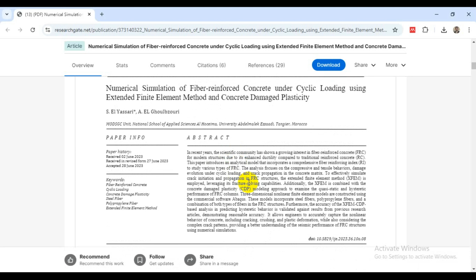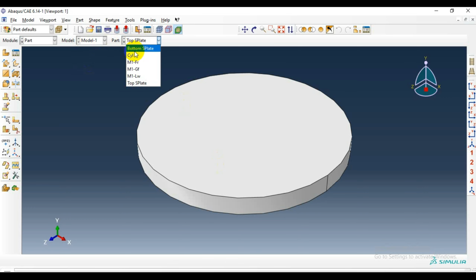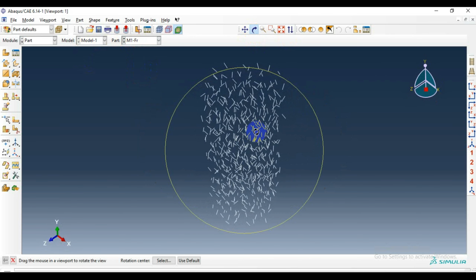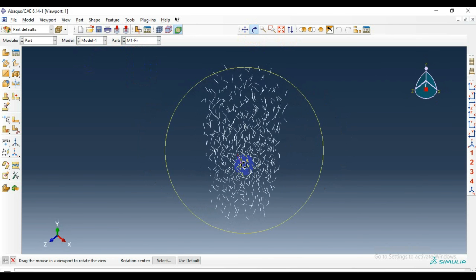So let me introduce the fiber reinforced concrete. We need to discuss the definition and the history of the fiber reinforced concrete. Basically, fiber reinforced concrete is a composite material. It consists of concrete and discrete reinforcing bars, as I just showed you here. These are the discrete bars, and these reinforcing bars are the fibers.